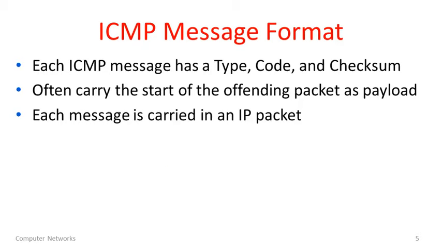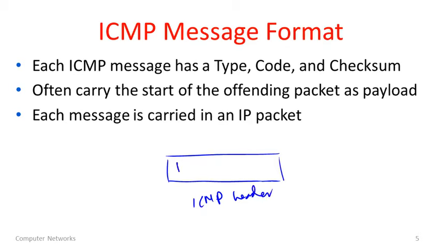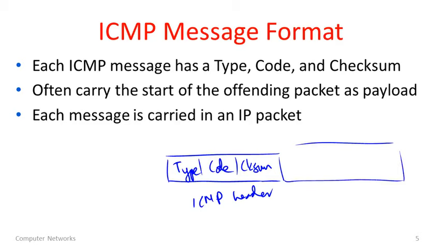So instead of letting me just talk, let me just try and draw some of this. So we'll start sort of in the middle. Here's the ICMP header. I said it has a type, a code, and then a checksum. So they may be different portions of it. It's then going to carry some data. So here's the ICMP data.